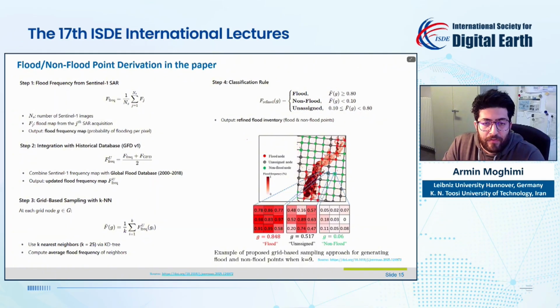This process yields a refined flood inventory, providing reliable flood and non-flood points that can be directly used for susceptibility modeling. It's important to note that this is just one way of sampling from a flood frequency map, not the best choice. More advanced strategies, such as adaptive or uncertainty-driven sampling, could be explored in future work.